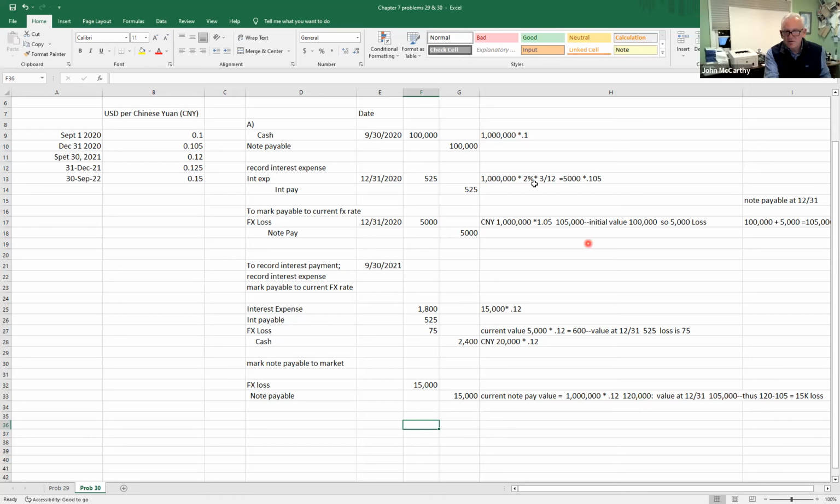We had 105,000 recorded, the 100 plus the 5,000 here, these two items. So it was 105. Now it needs to be 120. Thus 120 minus 105 is $15,000 loss. So you debit FX loss 15, credit note payable 15, and the sum of all your entries for note payable is 100, plus 5,000, plus this 15,000 gets to the 120,000 that you have to pay.